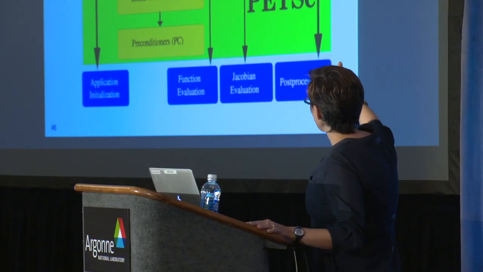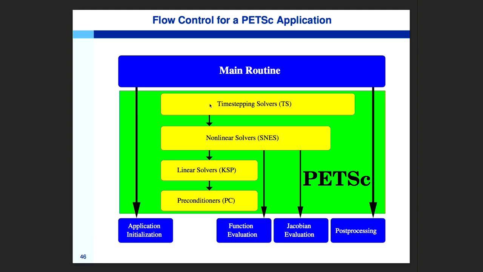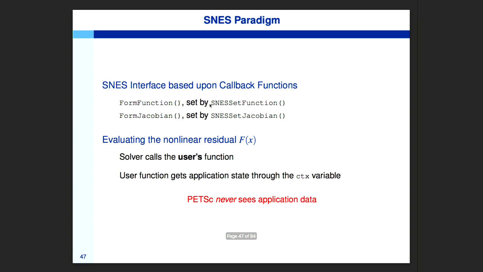So going back to our picture here of the flow of control of an application, this is a case where the nonlinear solver needs to interact with the user code for function and possibly Jacobian evaluation. So we have callback functions that handle that. So when using a nonlinear solver, you call SNESSetFunction to indicate the code that will do that function evaluation, and likewise the Jacobian evaluation.